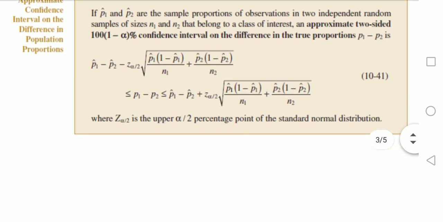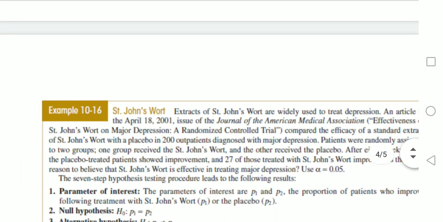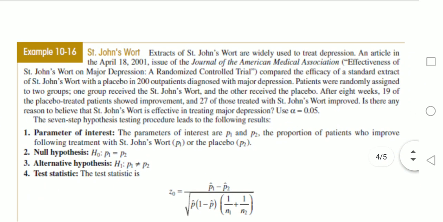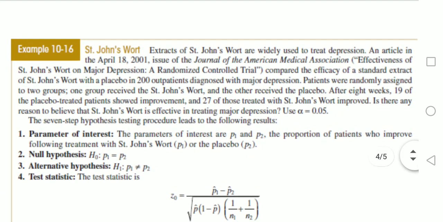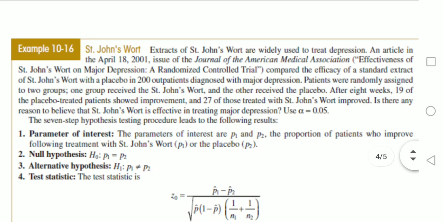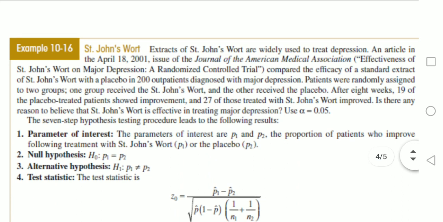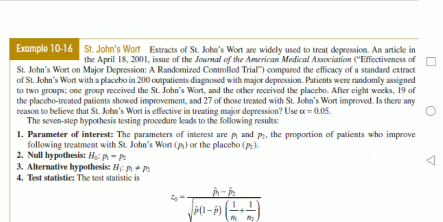Okay, next we move to the problem. This is about an American Medical Association problem. Here we have 200 outpatients with major depression. The patients were randomly assigned to 2 groups.